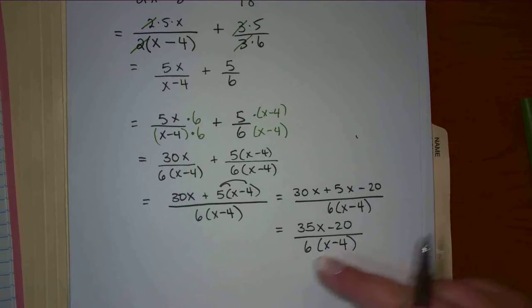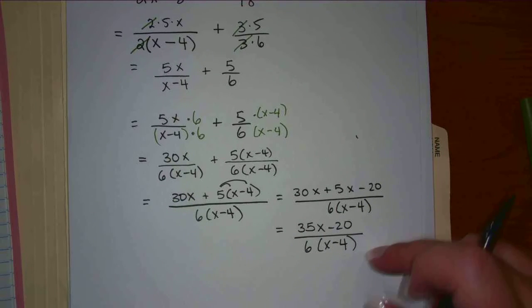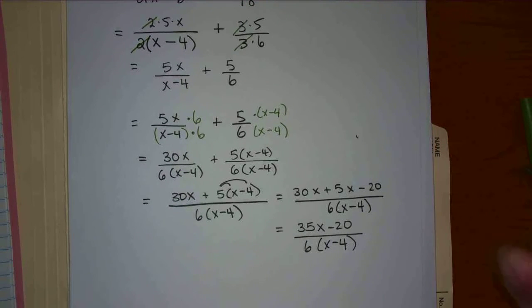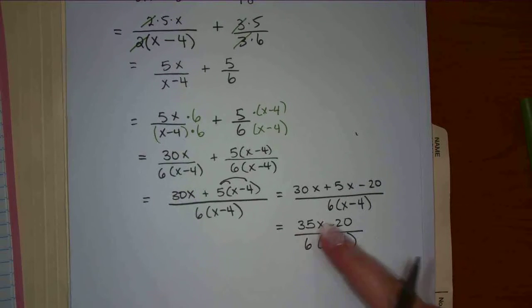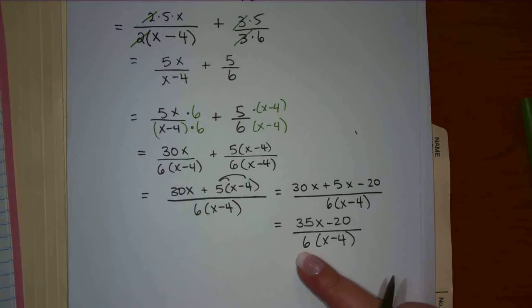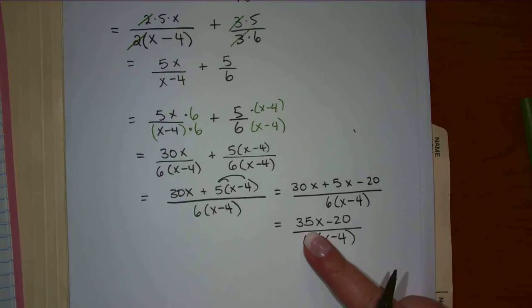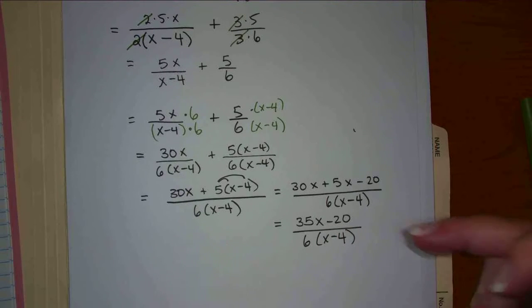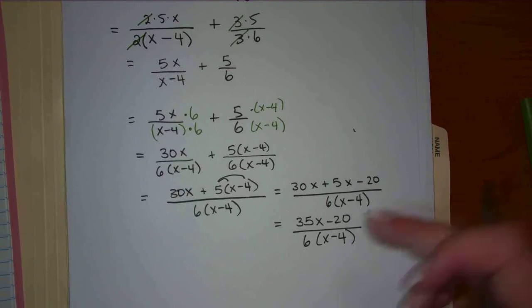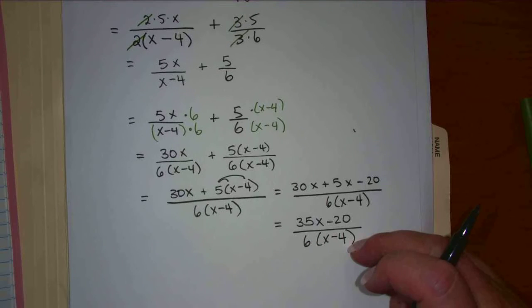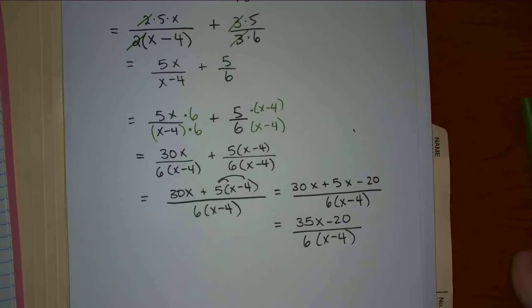So the only way that anything can simplify now, like this is your final answer, the only way is if we can factor a 6 out on top, or a 3 or 2. Does anything factor on top? A 5 would. 5 goes into both 35 and 20. Do you see that? So you could do that.